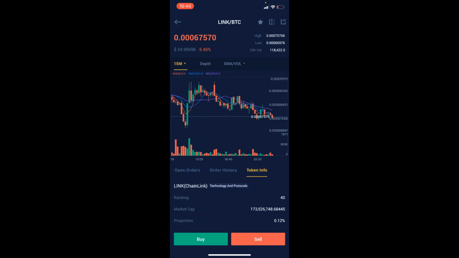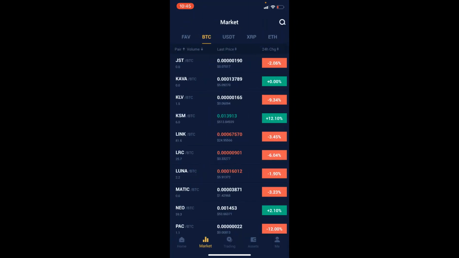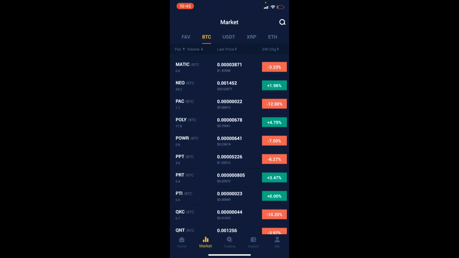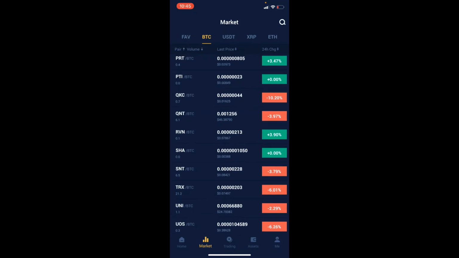So I just wanted to show you that you can find whatever token that you are looking for on BTC, and you can find out what the names of these tokens actually are just by going to token info. If you didn't know that you could do that, now you know. This will be a shorter way to find the name of the cryptocurrency that you're looking into.